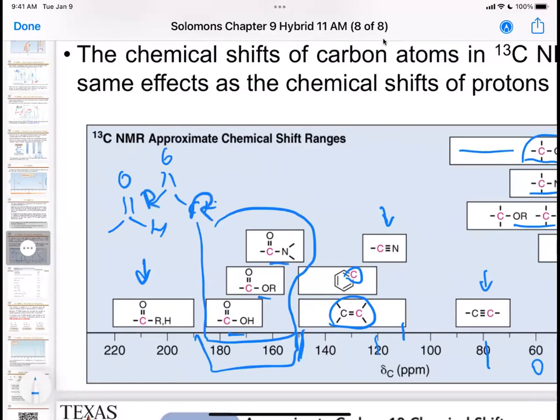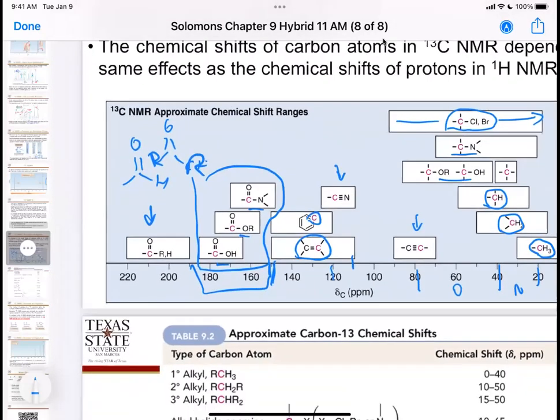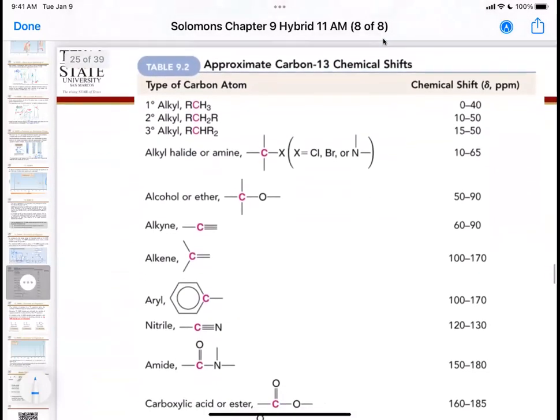So if you see anything above 200, you're looking at that. If you see anything above 150, you're looking at a carbonyl with an electronegative atom on it. See how we're moving down just in the same general trend we saw before. You might want to get a few of these kind of memorized, but we'll see.